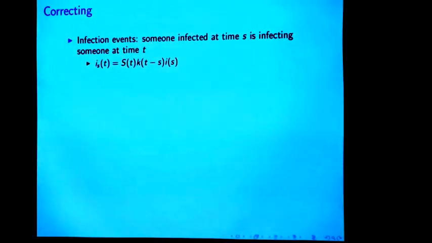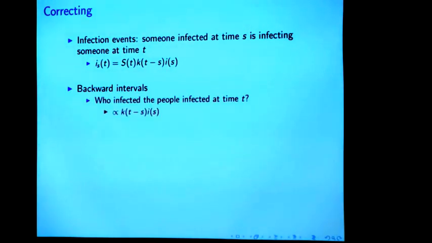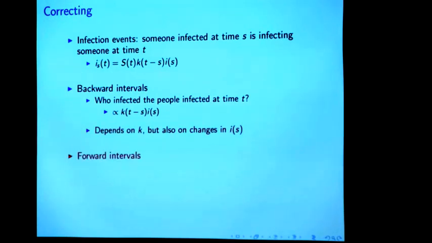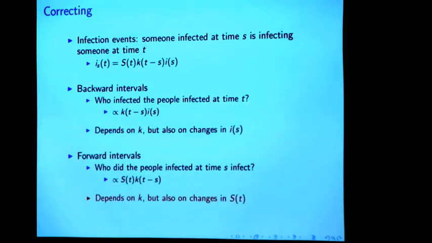We can make a simple framework. I'm going to rush through these equations, which I was warned not to do with mathematicians. But we have this simple equation. I was infected at time s. I would infect you at time t. What can affect the backward interval is only the kernel plus the number of people who are in I_s, the number of people who were infected at time s and are therefore available to infect me, and similarly for the forward interval.